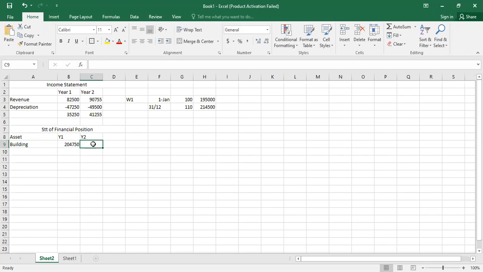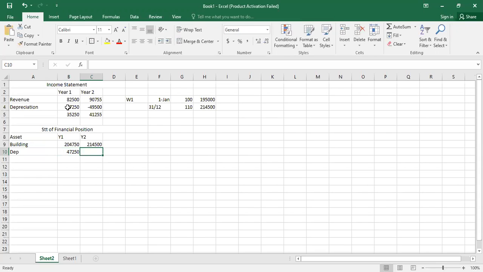214,500. Then from there, you are supposed to get the accumulated depreciation. What was the accumulated depreciation for the first year? It is 47,250. For the second year, what is the accumulated depreciation?